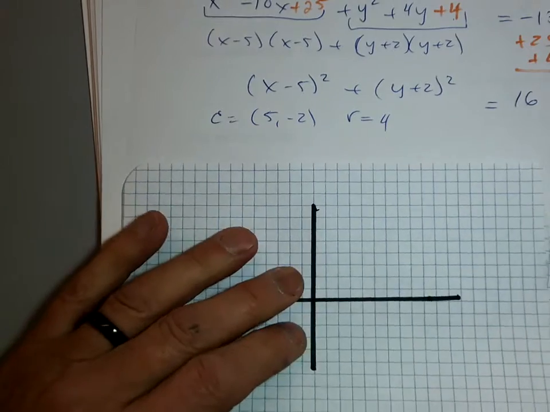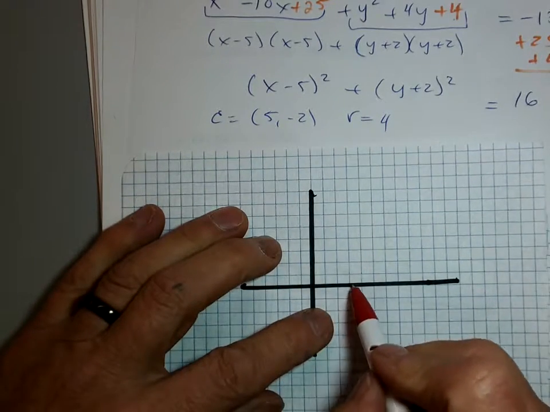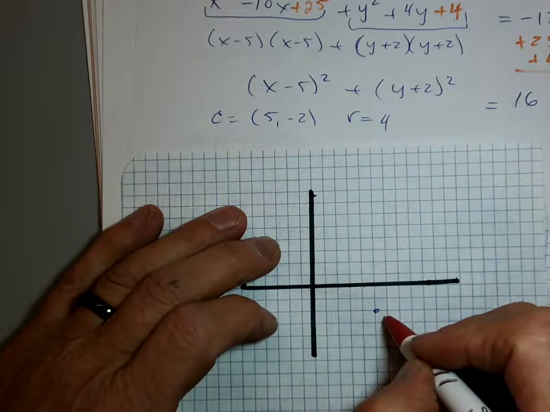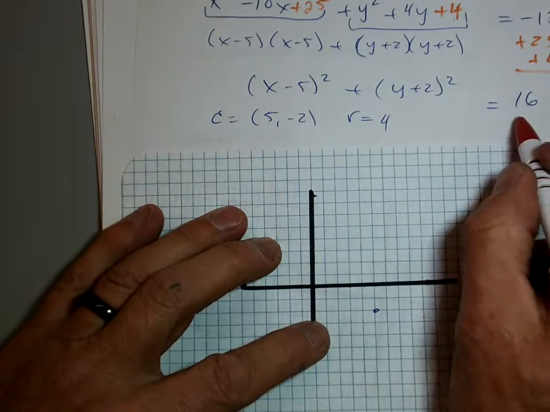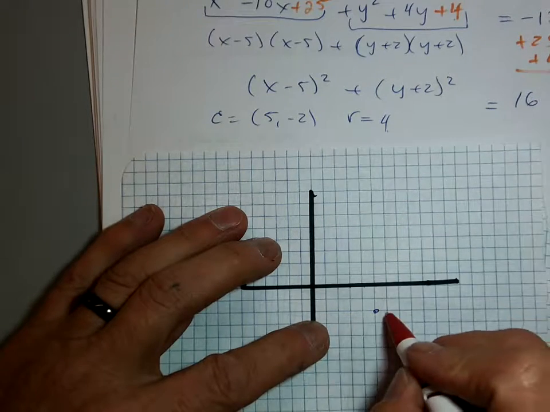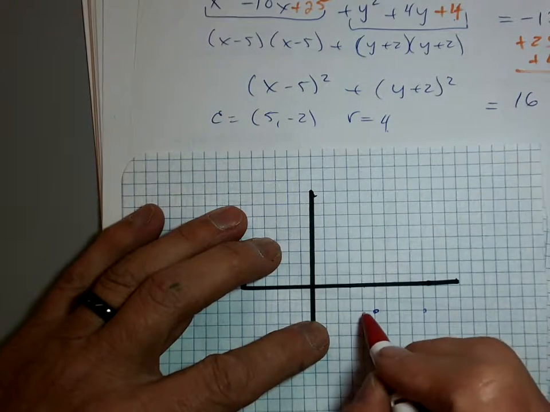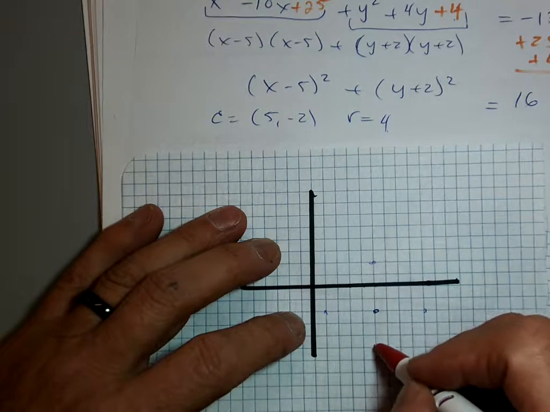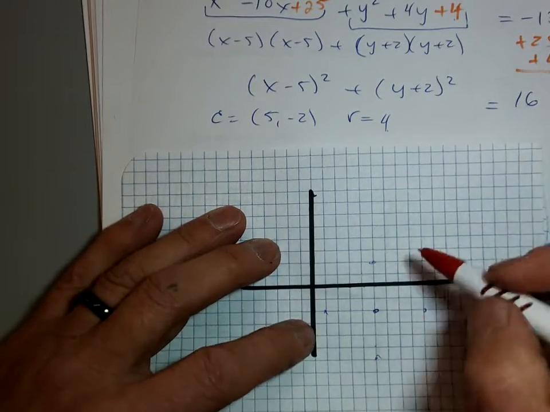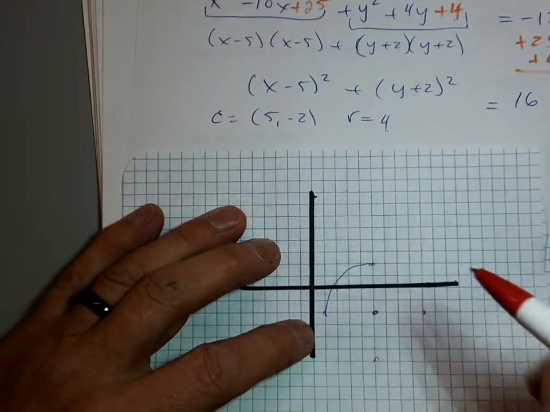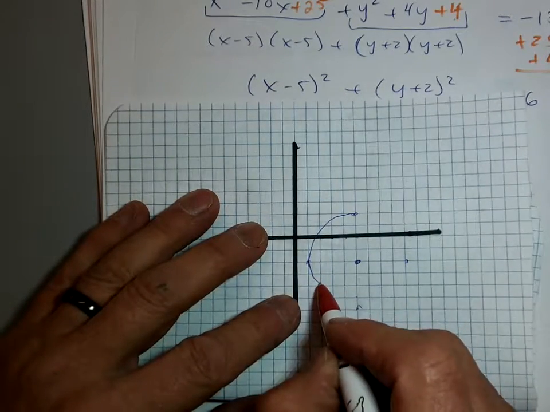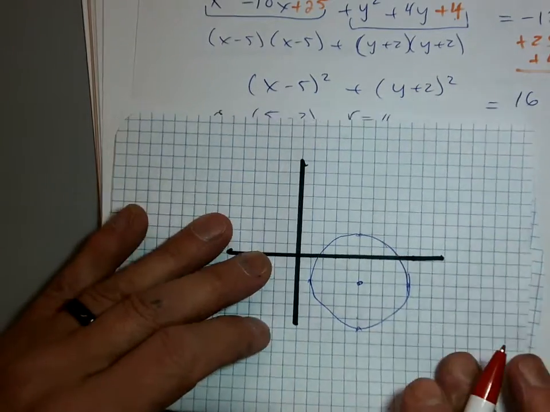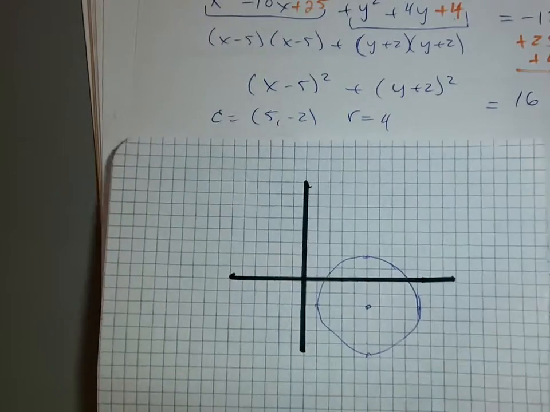My center is at 1, 2, 3, 4, 5, negative 2, and my radius is 4. 1, 2, 3, 4 in each direction. I went 4, 4, 4, 4 because my radius is 4. And I'm just going to try and freehand in my circle. Might not be beautiful or perfect, but there it is. There's my circle. No problem, huh?